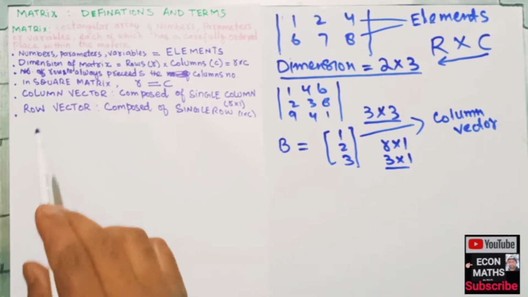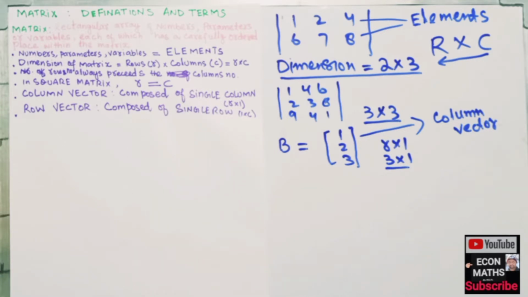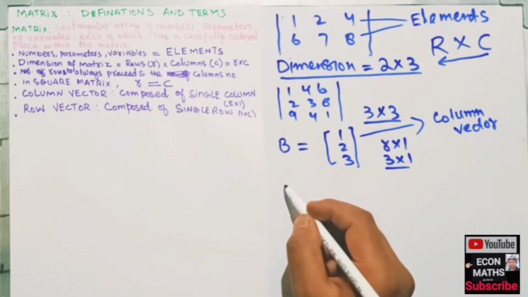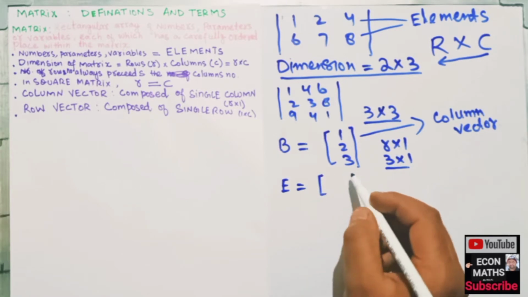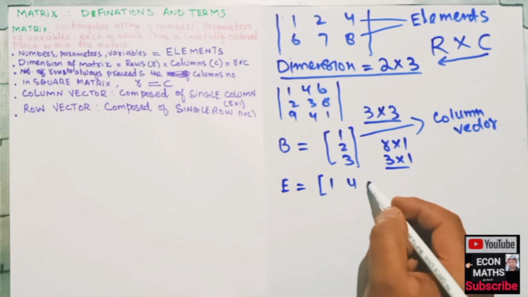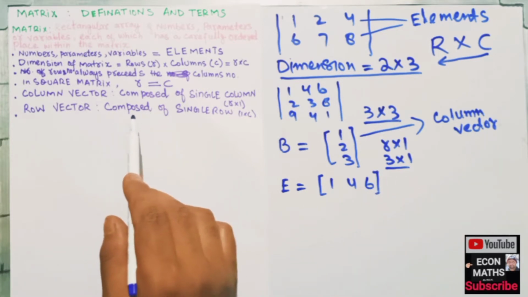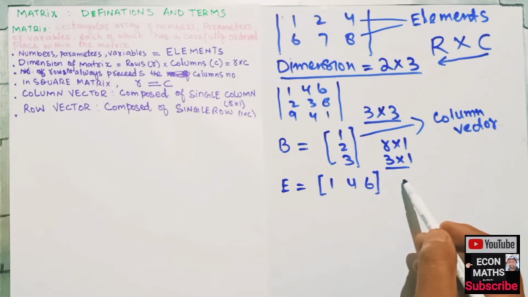Now row vector. A row vector is composed of a single row. That is to say, let us say E is a matrix, and here I have the elements 1, 4, 6. Now this row vector is composed of a single row. Here the number of rows is only 1.